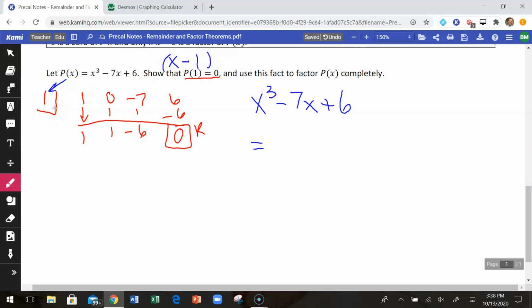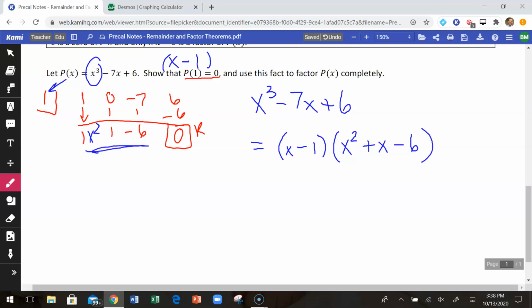So what I'm saying is, because I got a remainder of 0, I know that x minus 1 is a factor of this polynomial. So I can rewrite this as x minus 1 times what I have left. Well, I did have x to the third, which means when I do synthetic division, this is now x squared. So now I have x squared plus x minus 6.